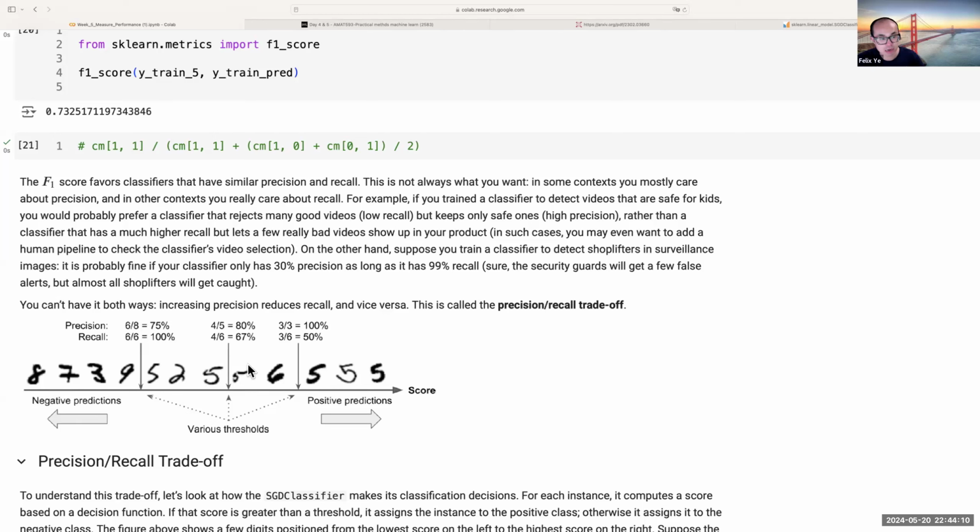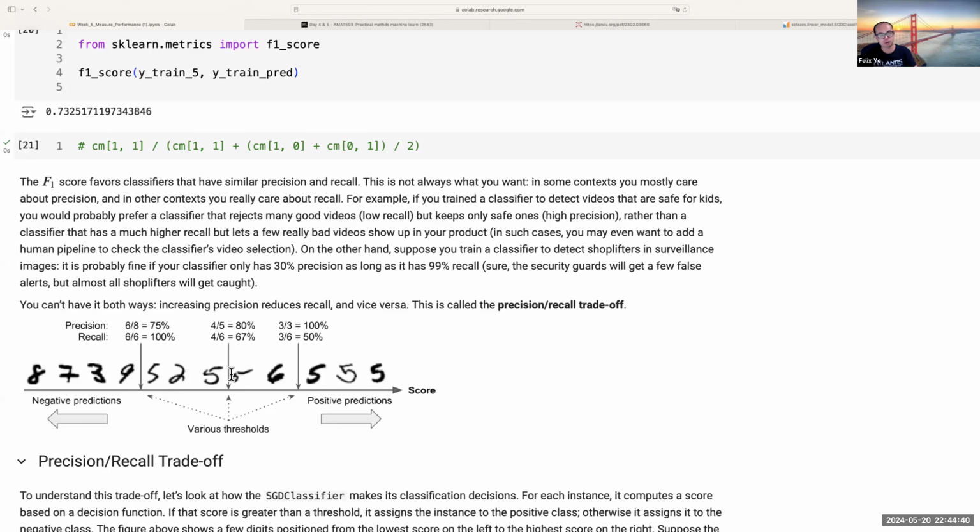That actually gives you a good idea. You can think of this parameter as a 1D line, all these images are mapped onto this 1D line, and you need to set the threshold at different points, such that at different thresholds you will have a different precision and recall.